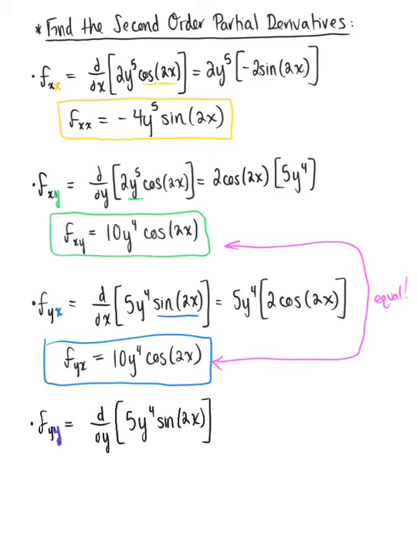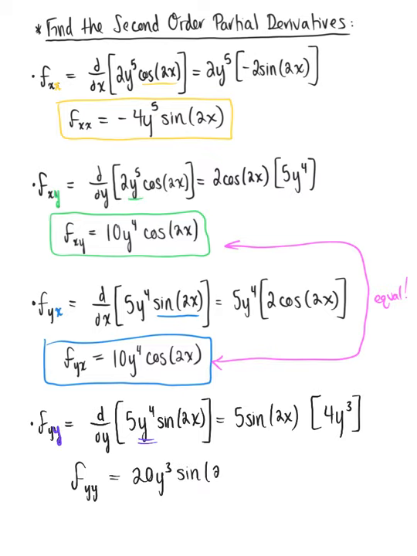So since we're differentiating with respect to y, 5 sine of 2x is our scalar multiple, and we are differentiating y to the 4th with respect to y, which differentiates to 4y cubed. And our beautiful final answer for the second order partial derivative f sub yy is equal to 20y cubed multiplied by sine of 2x. And so there you have it. These are the 4 second order partial derivatives for our given function.